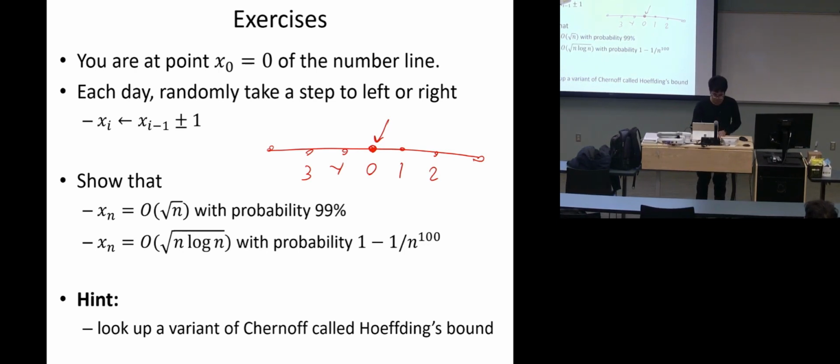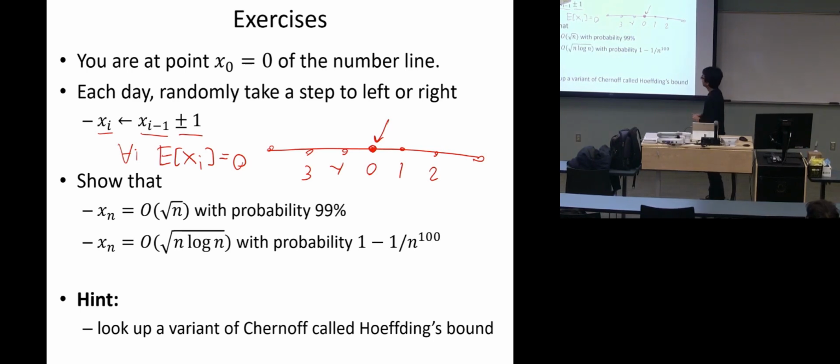So xi is xi minus 1 plus or minus 1 with equal probability. For each i, the expectation of xi is just 0. In expectation, they are at 0, because you go left and go right with the same probability.